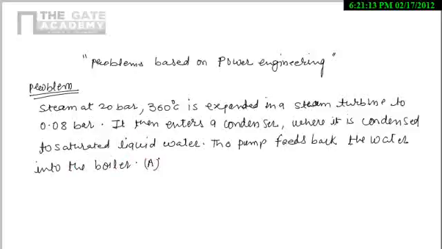Now we have to find out A. Assuming ideal processes, find per kg of steam the net work and cycle efficiency.